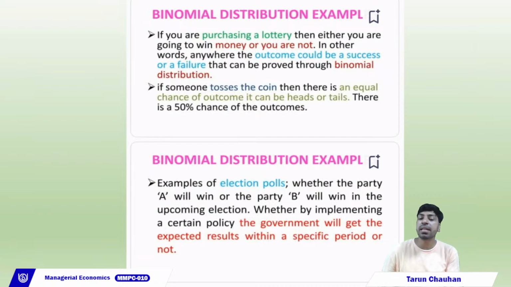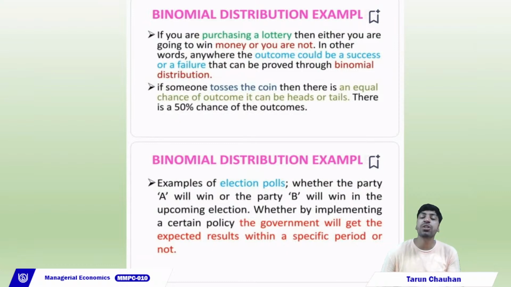There is also another example, that is election polls. Whether party A or party B would win, or maybe lose. Whether by implementing any policy, the government gets the expected results within the specified period or not.